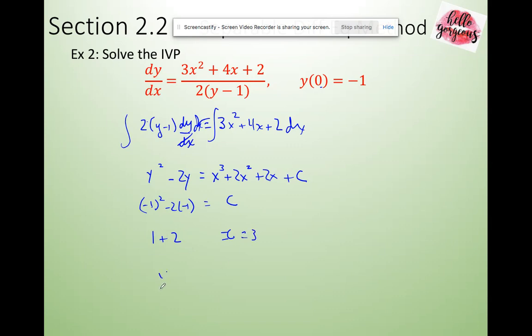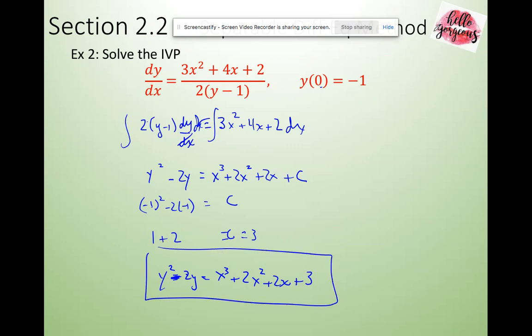Therefore, my solution is, I don't need to get y by itself. Right? Yay. Right? I told you. Love ya, separable differential equations.